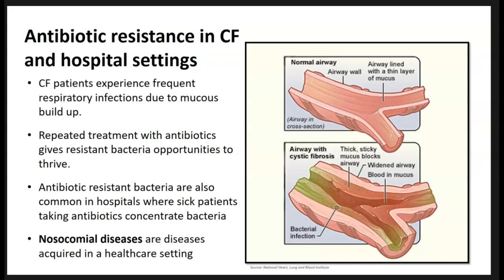This gives antibiotic resistant bacteria within those hospitals many opportunities to become predominant. So hospitals have to be very careful in managing antibiotic resistant bacteria. Nosocomial diseases is a word that we use for diseases that are acquired in a healthcare setting. And antibiotic resistant bacterial infections are a really big problem in hospitals around the world.